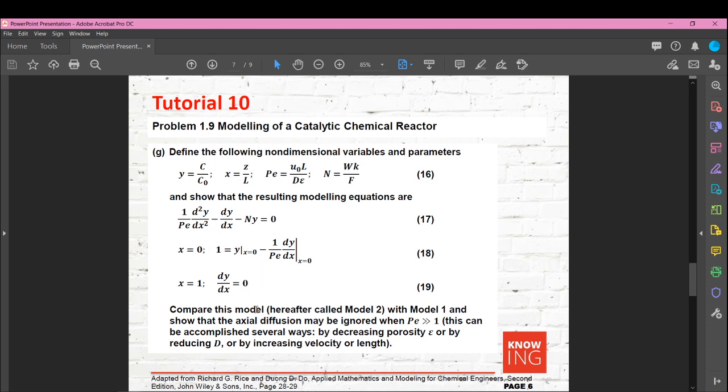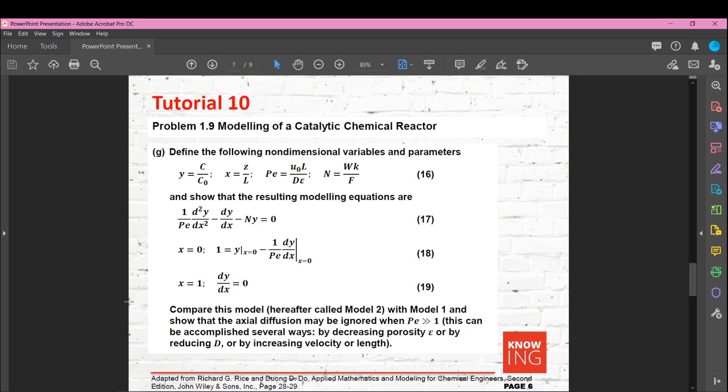We call this model 2, and compare it with model 1, and show that the axial diffusion may be ignored when Pe is larger than 1. This can be accomplished by decreasing the porosity epsilon, or by increasing the velocity or the length.